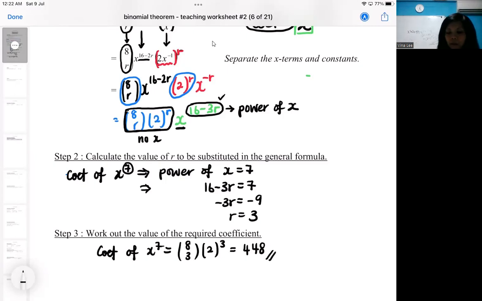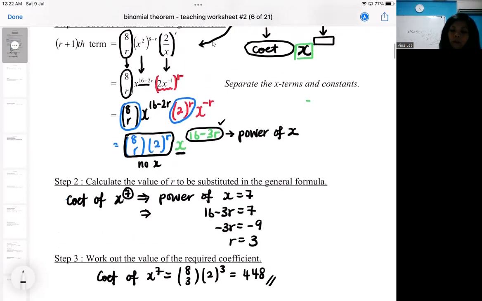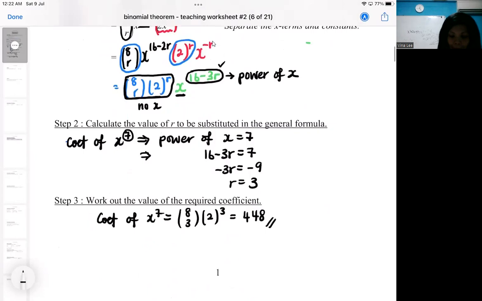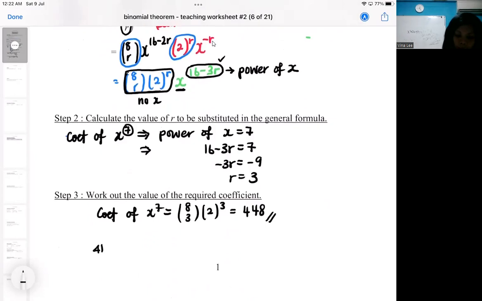Okay, so what is the implication of all this? This happened at R equal to 3. That means when it is the fourth term of the expansion, it is the coefficient of x squared.